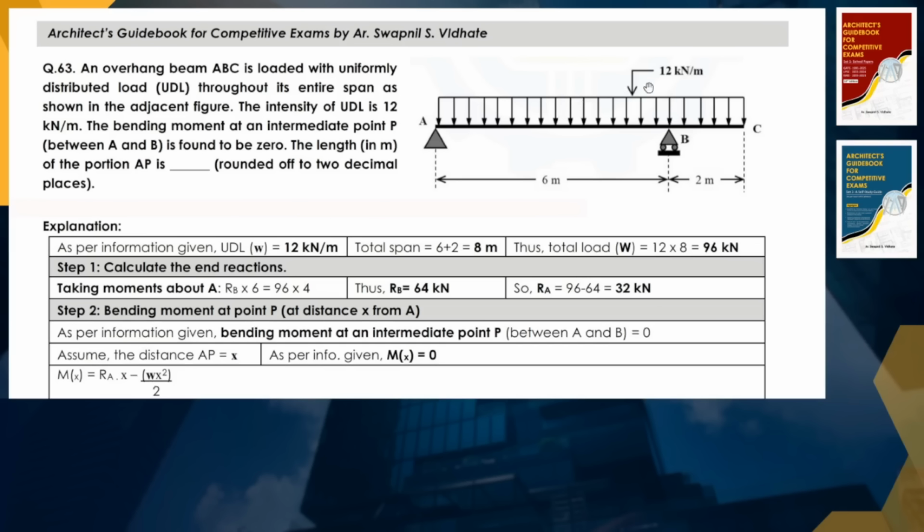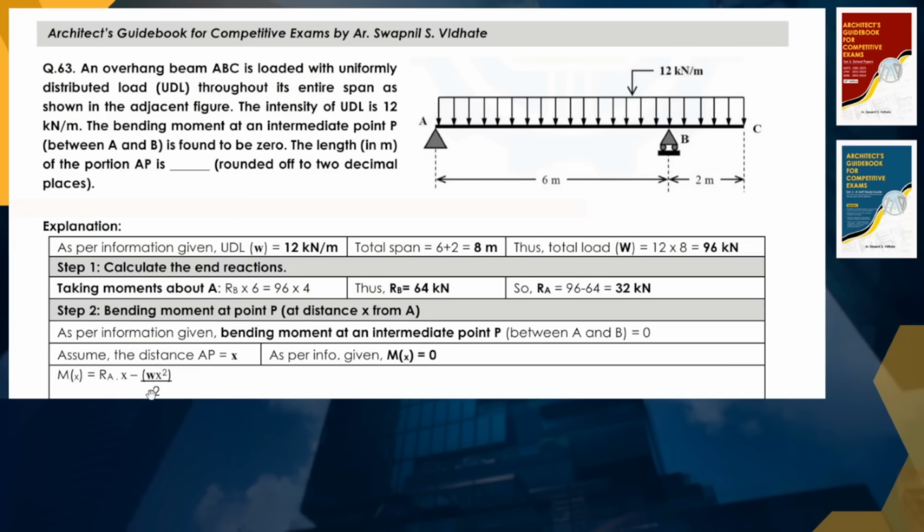That means the UDL, that is the W value, is already known: 12 kilonewton per meter, into X, the distance we are not aware of right now, divided by 2, right?